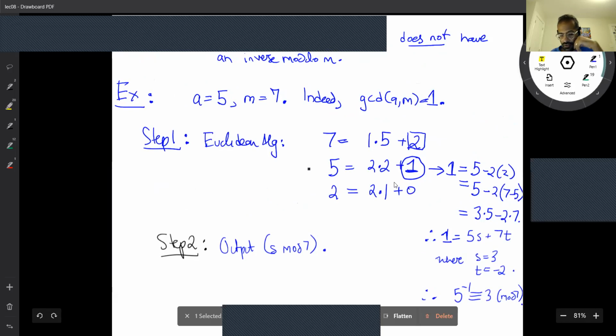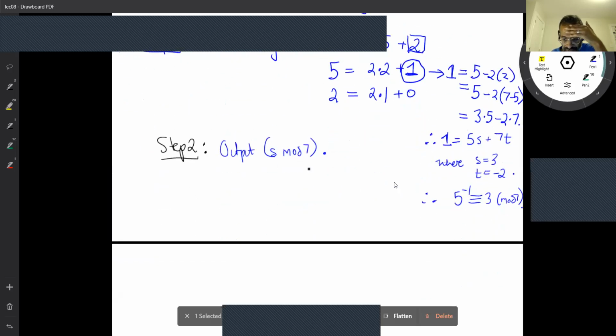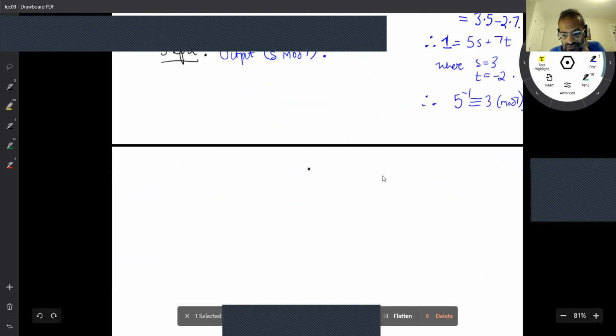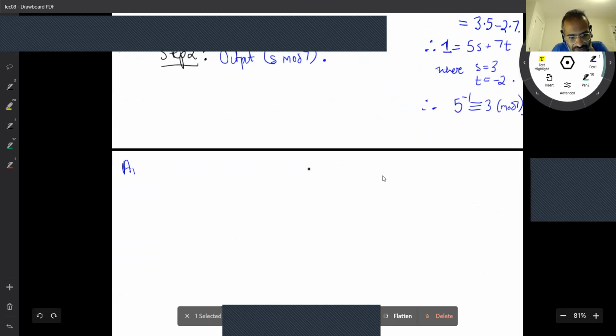Now, what's one implication of this, which we'll be talking about next time when we talk about cryptography? Here's an application, well, sort of a mathematical application, so I'll put it in quotes. The application is you can solve a linear equation modulo m. You can solve the linear congruence.